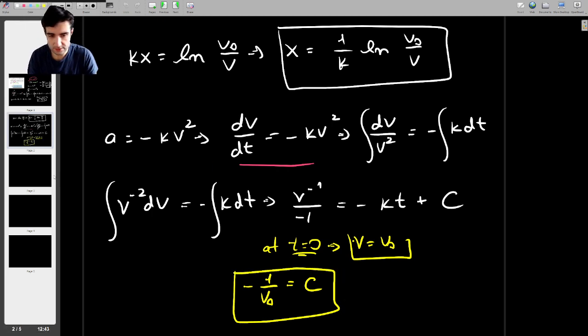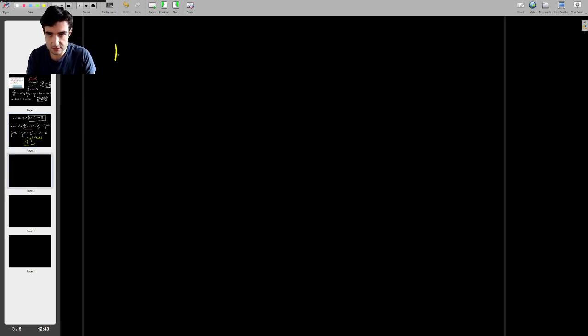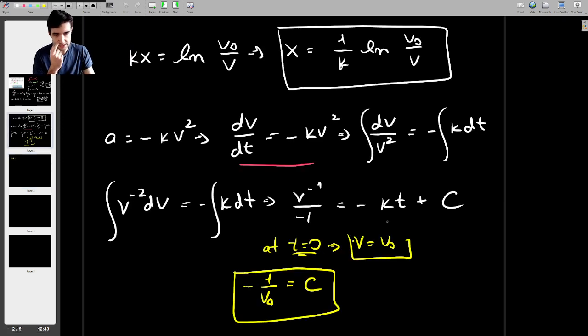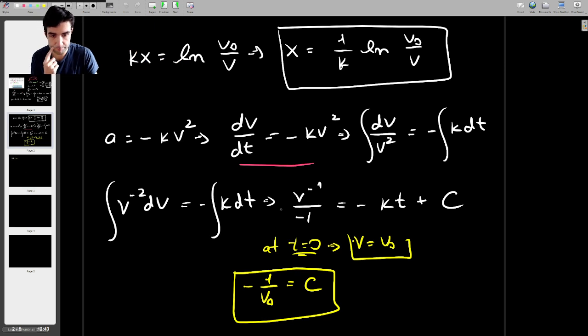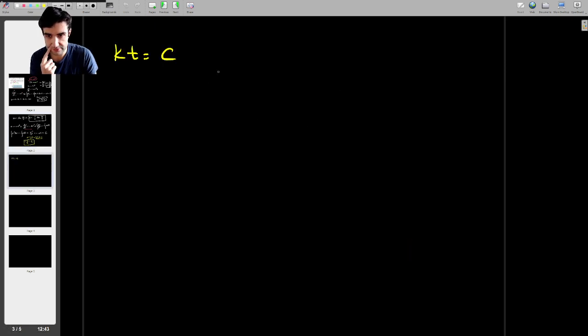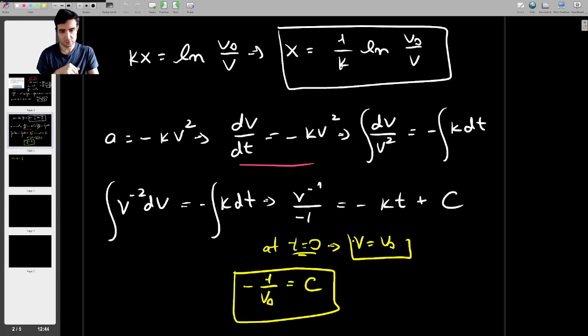So with this in mind, we can rearrange to find the time. So kt from this equation is equal to c plus 1 over v. Right? So I'm moving minus kt to the other side, and then this gives me 1 over v minus 1 over v0.